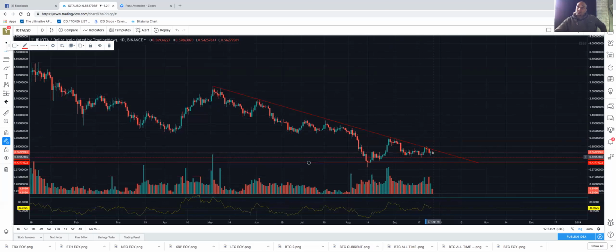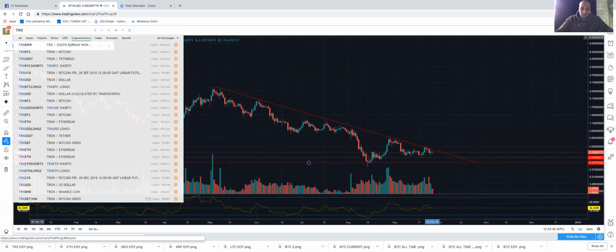So for IOTA specifically, it would be a good idea to be partially in. I would say maybe 50%, and then hold out for the balance to come in at the bottom over here, which is around 44 cents, before the breakout or breakdown, depending on what Bitcoin does. That's it for IOTA.